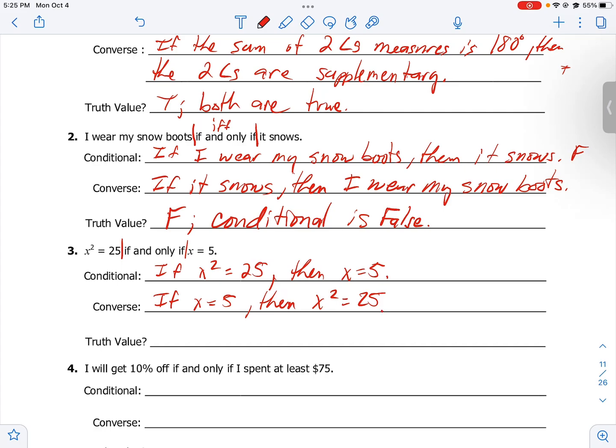It's much easier to go that way, because if you take 5 and you square it, 5 times 5 is 25. That one's true. Now, x squared equals 25, then x is 5 is not necessarily true, because 5 times 5 is 25, but negative 5 times negative 5 is also 25. So I'm going to say false. The conditional is false.